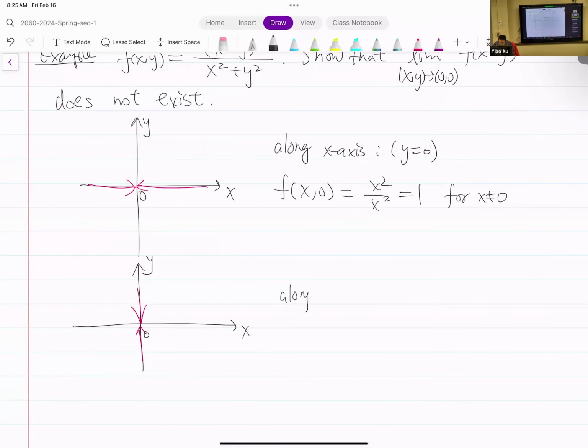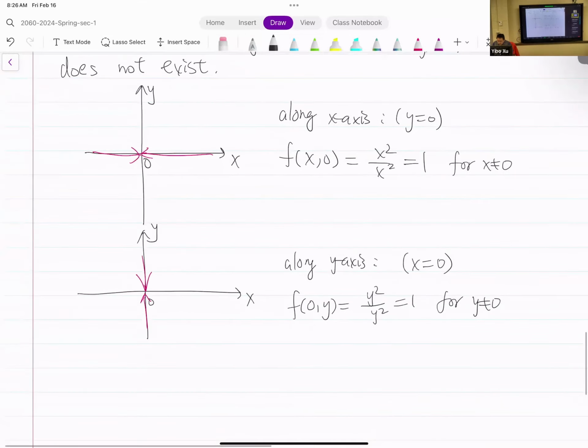So along the y-axis, we have x equals 0, but y is free. So f of 0, y gives us y squared over y squared, which equals 1 again, for y not being 0.